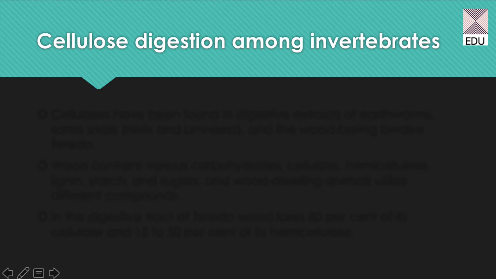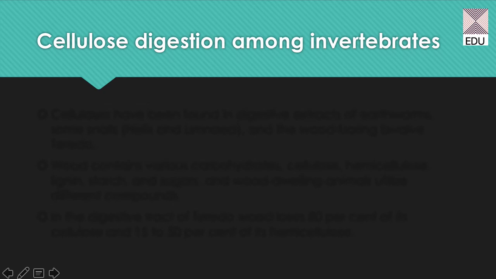We have discussed the stomach of a camel, and we have discussed the stomach of a sheep. Now, after the ruminants, we come to the invertebrates, and how they digest the cellulose which they are eating.